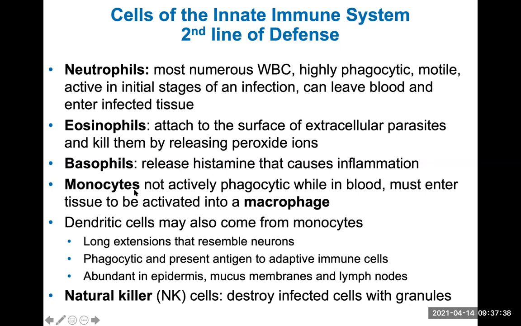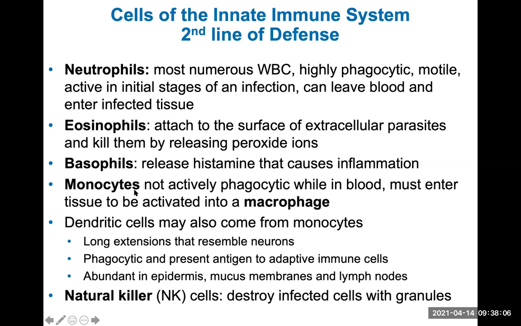And they can become activated into a macrophage, or they can be turned into a dendritic cell. Macrophages are, we'll be talking about them a lot. They are mostly seen in the later stage of infection. They're good at phagocytosis, but they can also cause a lot of tissue irritation.